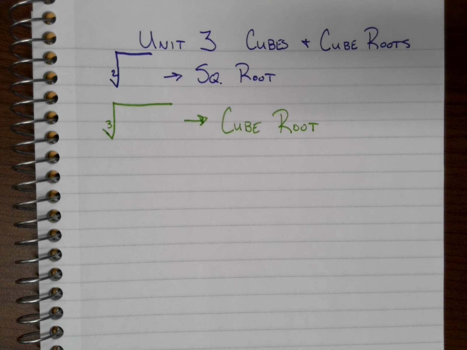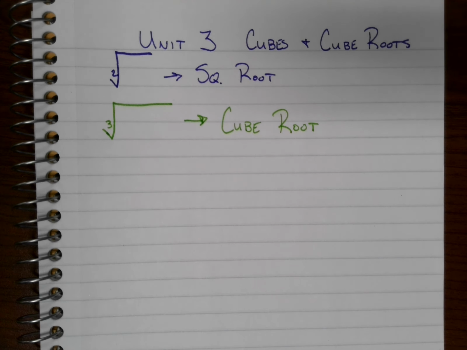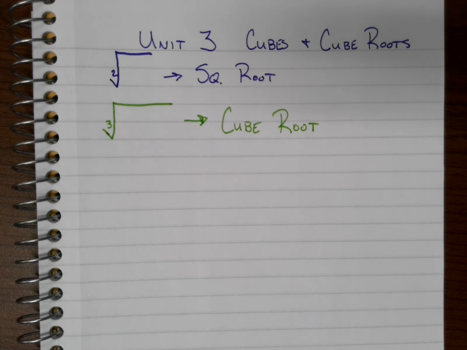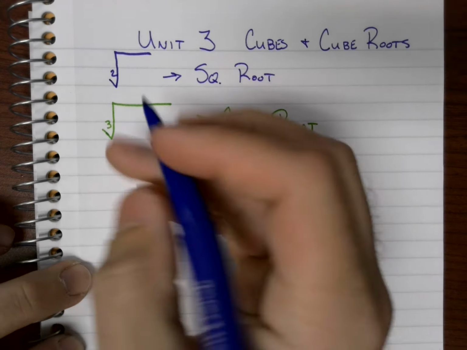All right, so we're going to make us a chart. I want you guys to make this chart with me. Let me get some colors here so we can have these all separated so we don't get them mixed up. First, we're going to list the roots.